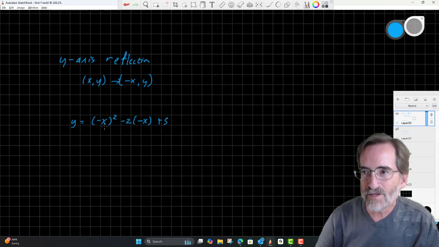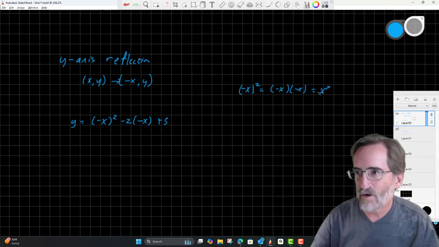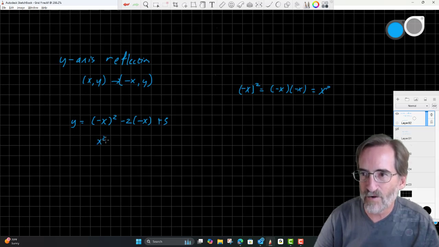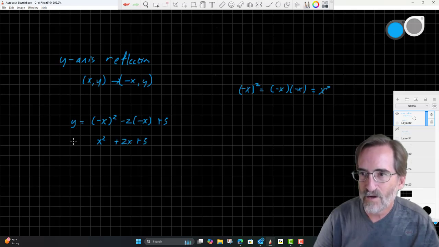A negative times a negative. Negative x squared means negative x times negative x, or positive x squared. So this is just positive x squared. Negative 2 times negative x is plus 2x, and then plus 3.